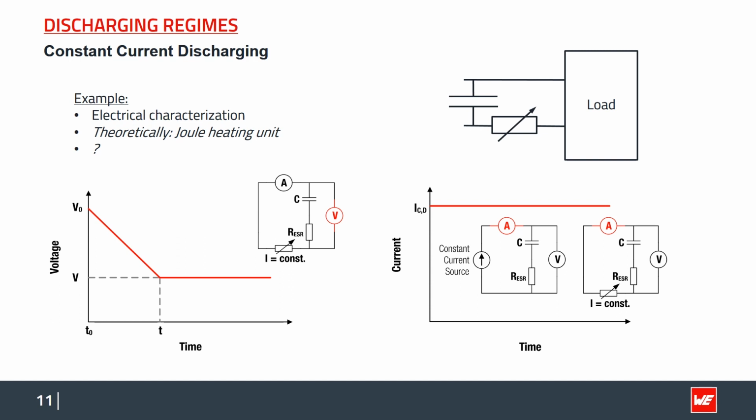But apart from that, I'm not aware of any good practical examples. Theoretically, a Joule heating unit could be described like this, but I've never heard of anyone using this practically. So it's more relevant for electrical characterization, as I have said.